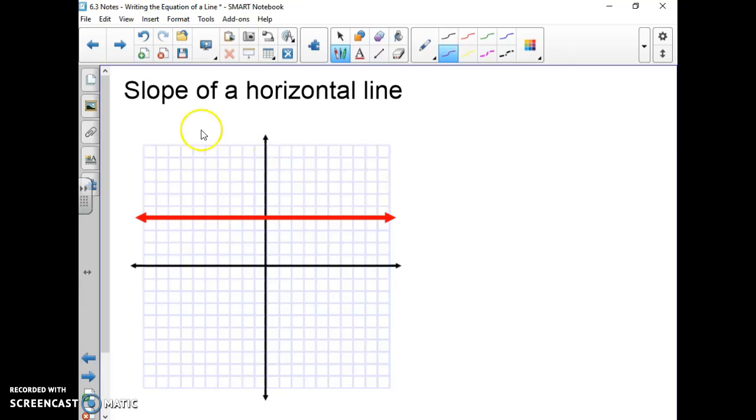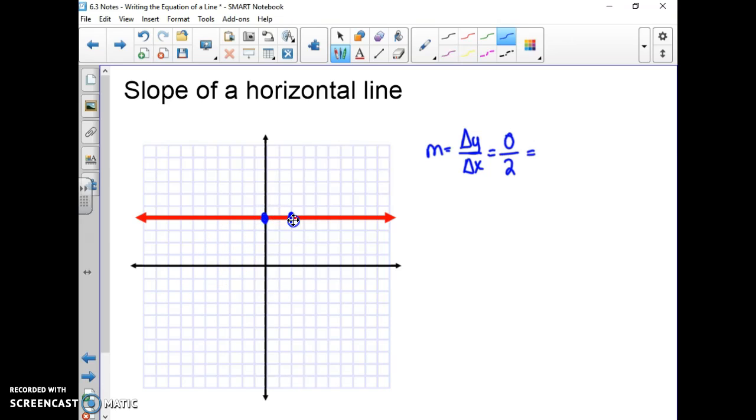We also talked about the slope of a horizontal line. We picked a couple points here. If we did our slope, which is rise over run, or change in y over change in x, we would have to go up 0 and to the right 2 to get from this left point over here to the right point.